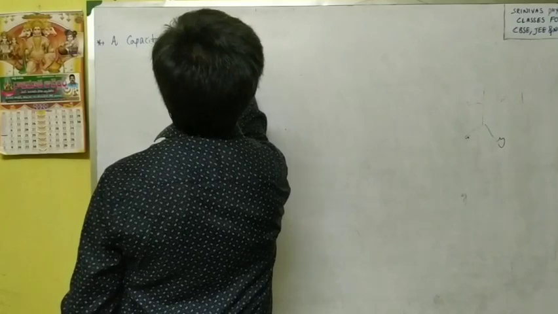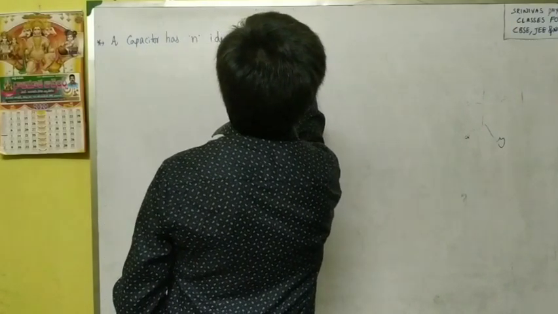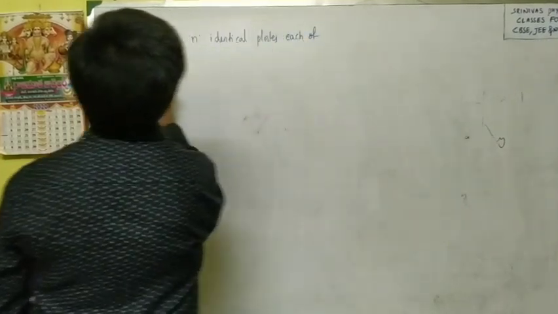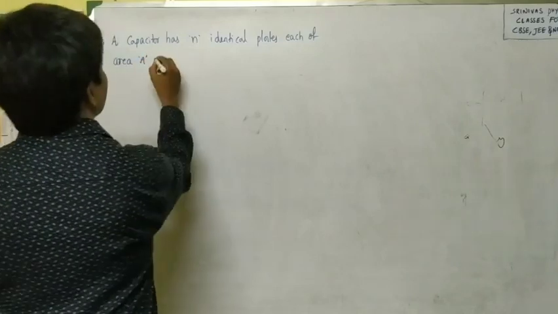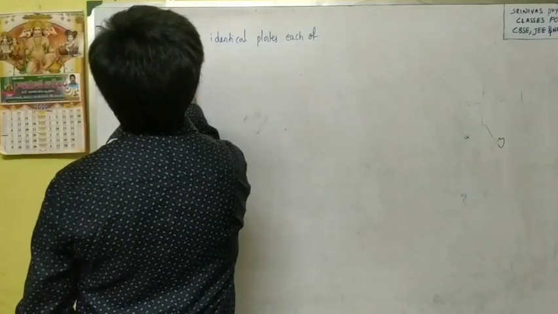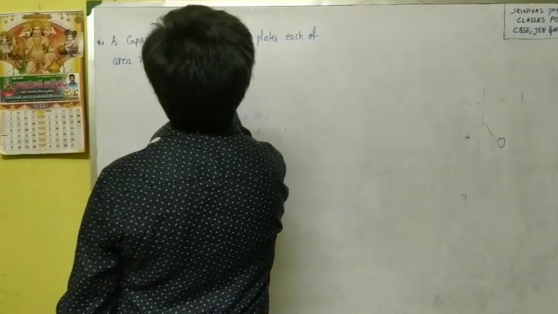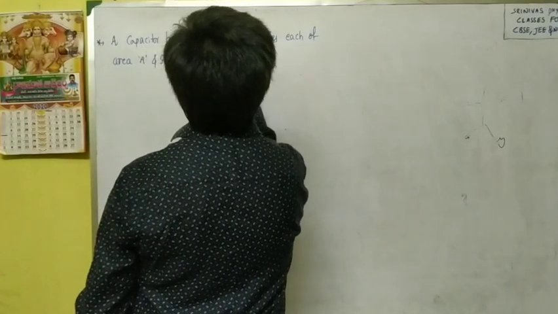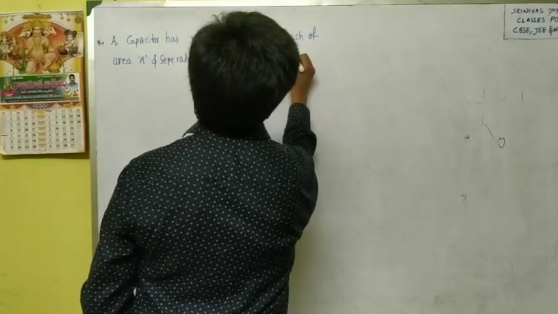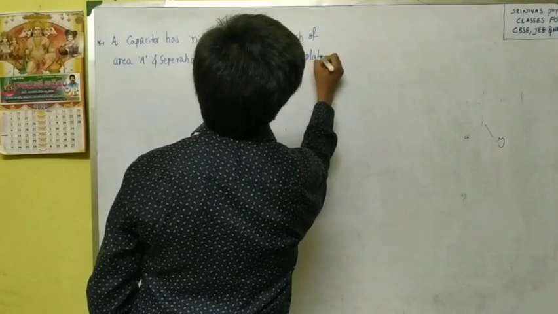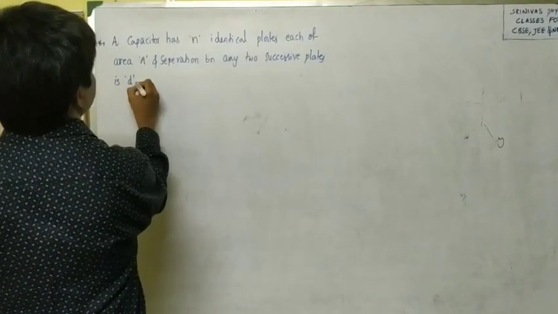A capacitor has n identical plates, each of area capital A. The separation between any two successive plates is small d.